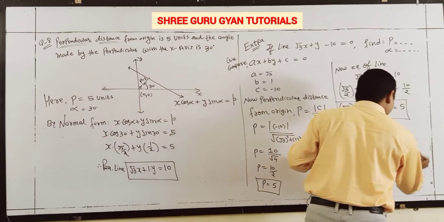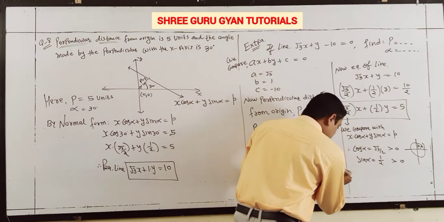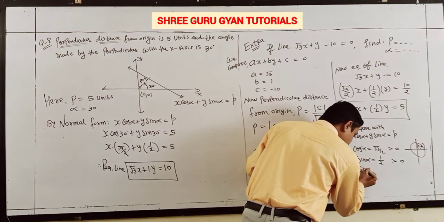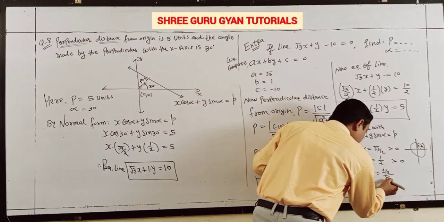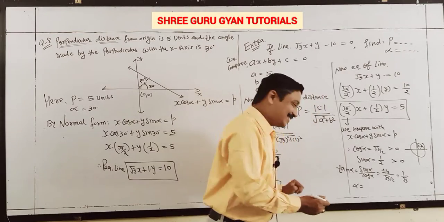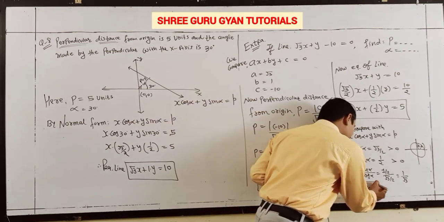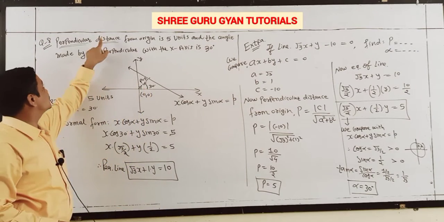That's why we write tan alpha as sin by cos, which is 1/2 by root 3 by 2, 1 by root 3. So when tan is 1 by root 3, it is 30 degrees.